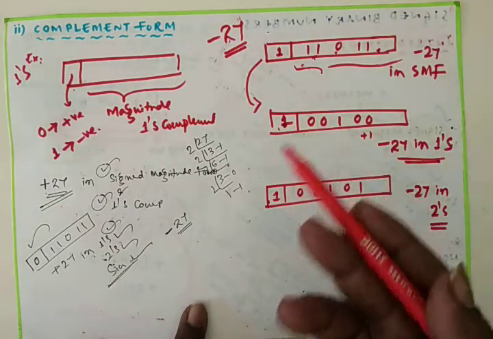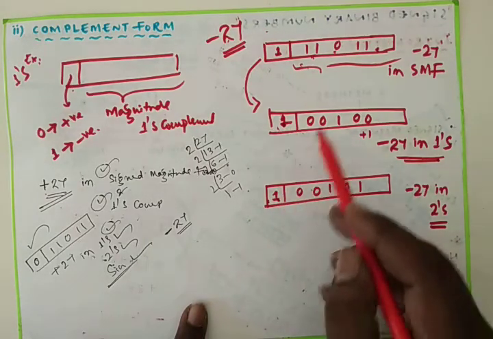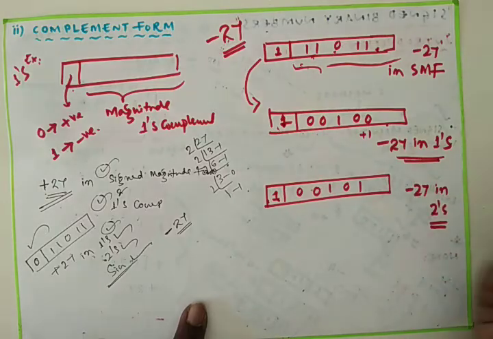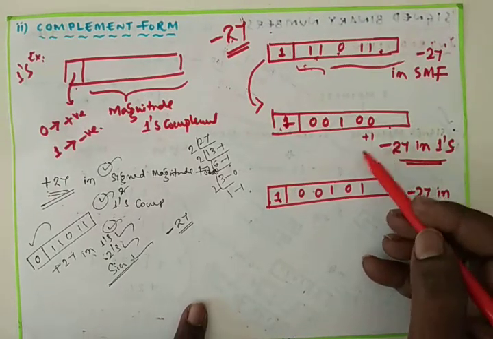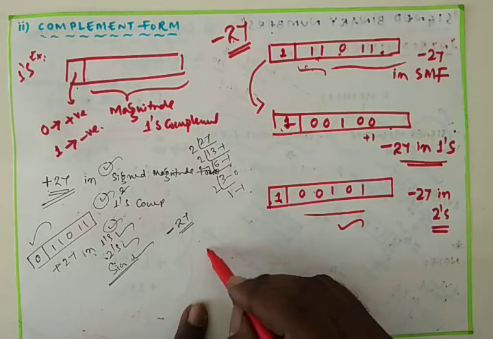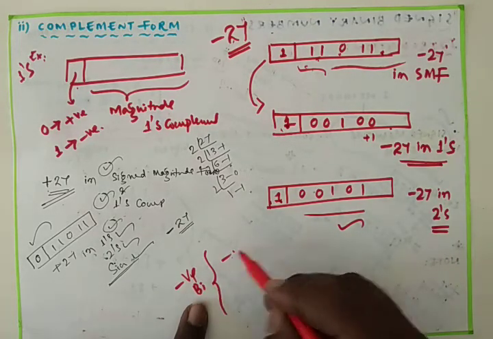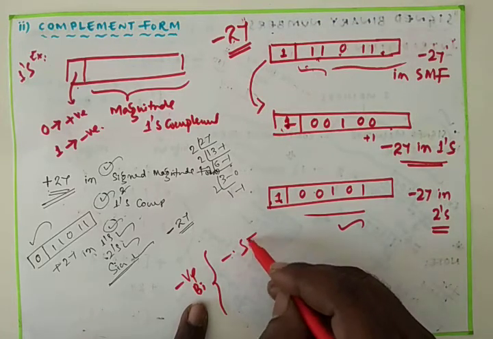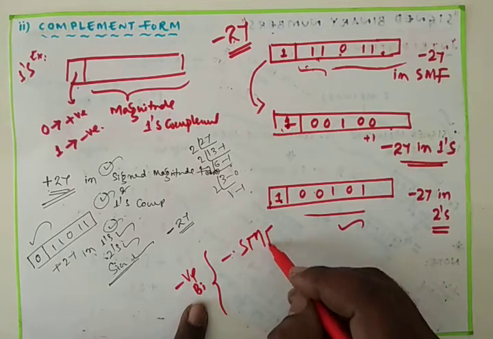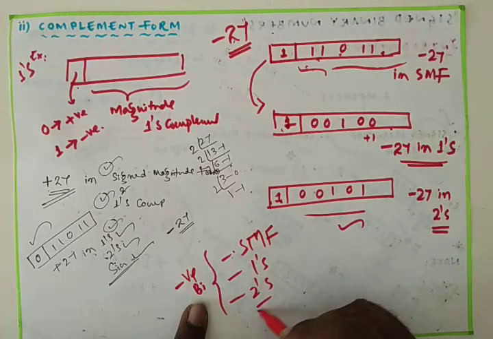Coming to minus 27 in two's complement. Minus means 1 remains the same. It is in one's complement, and two's complement means plus 1. One's complement plus 1 will be the two's complement. That means negative binary numbers can be represented in sign magnitude form, one's complement form, and two's complement form.